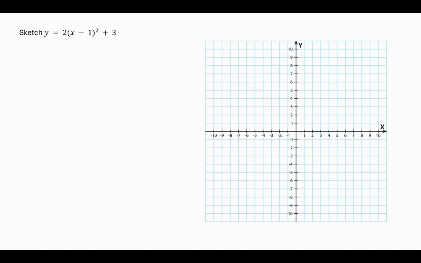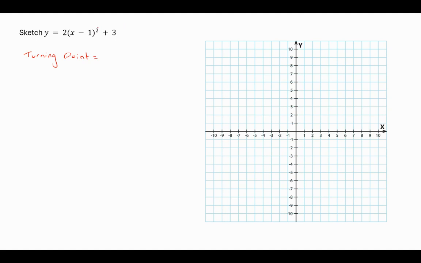So let's see if we can do an example now. Here we have y equals 2 outside of x minus 1 all squared plus 3. So it's already in turning point form. That means we can look at the turning point by finding h and k.